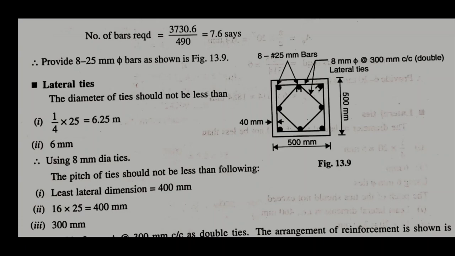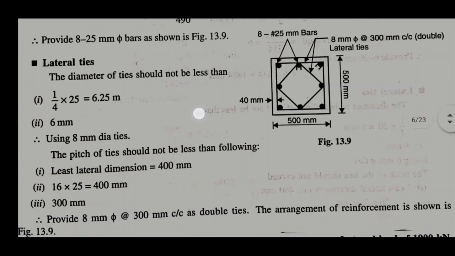The pitch of ties should not be more than the following: least lateral dimension is equal to 400 mm, 16 into dia of bar, that is 25, which is equal to 400 mm, and 300 mm.